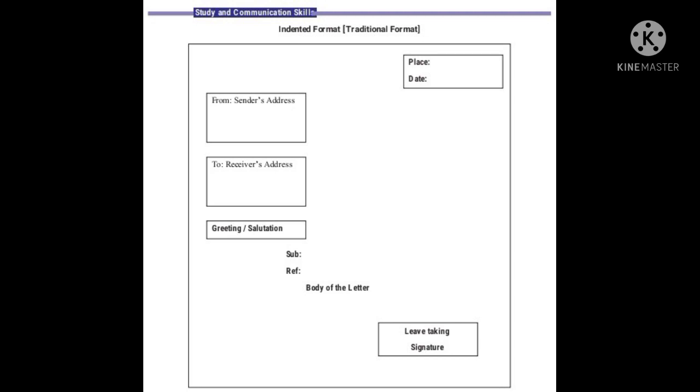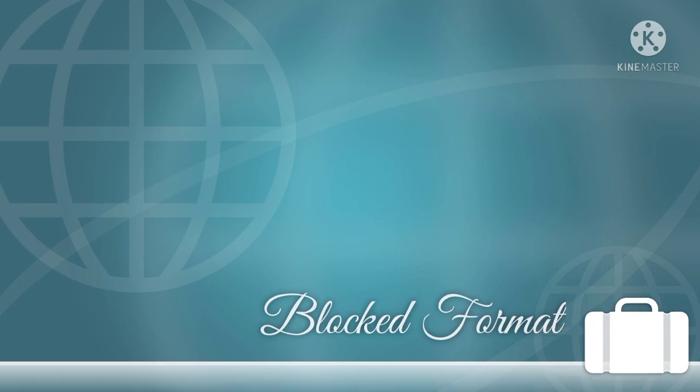The subject line and the body of the letter start 5 spaces from the left margin. Punctuation marks are used in from address, to address, at the end of the salutation, and at the end of the complimentary clause.